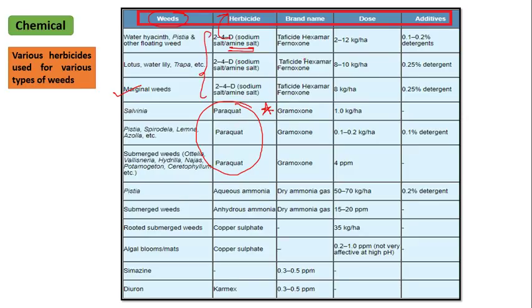Now for paraquat and for the 2,4-D sodium salt or amine salt, you need to know the brand name, because it is most commonly used for most of the weeds, right? So you need to know that paraquat is known as gramoxone. Okay, then you can even move forward and see that anhydrous ammonia and copper sulfate are also used as herbicides.